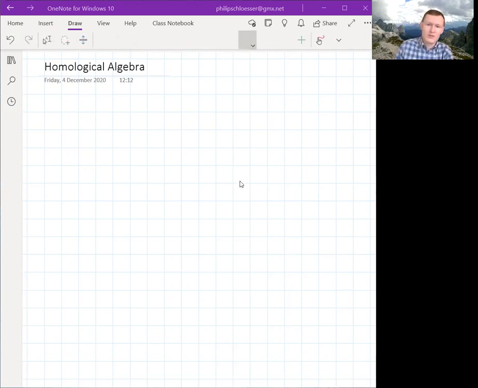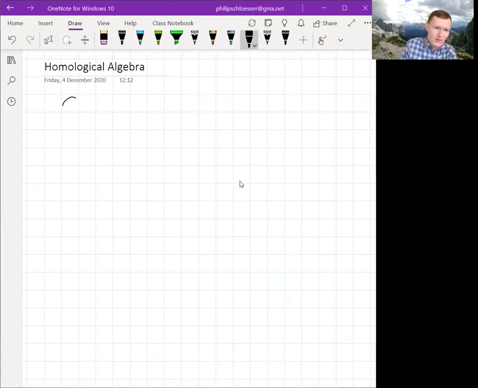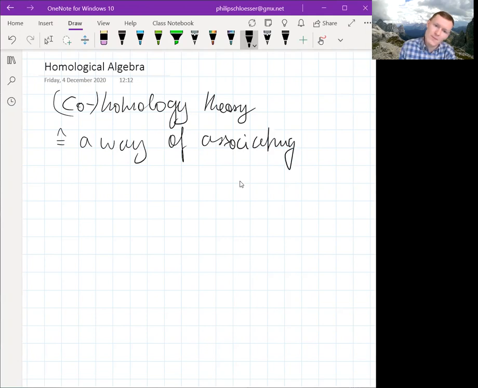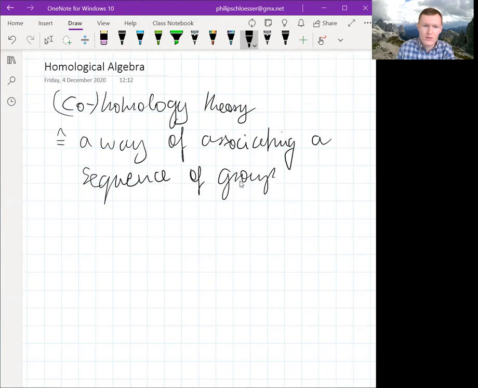And what cohomology theory or homology theory means is just a way of associating a sequence of groups or of modules to some object, either algebraic or geometric.